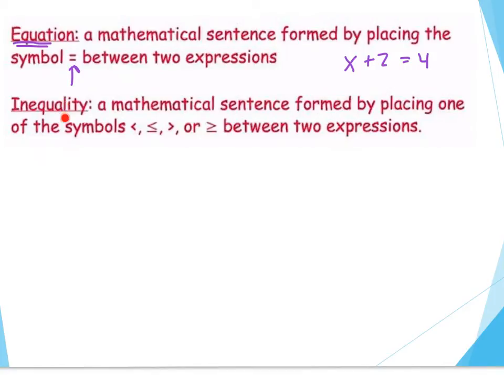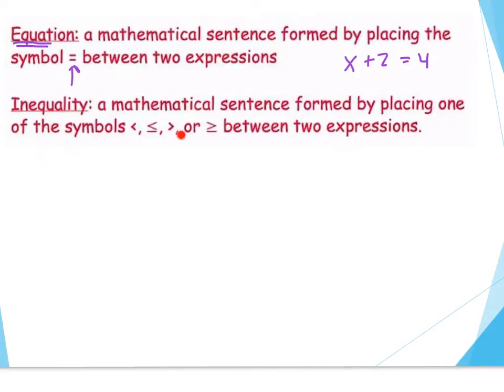An inequality is not equal to, but it's a sentence formed by placing one of these symbols in between the two expressions. Now, what do these symbols mean? Hopefully you remember these. This one is less than, and this one also has that little bar underneath, which is less than or equal to. This would be greater than, and then greater than or equal to.